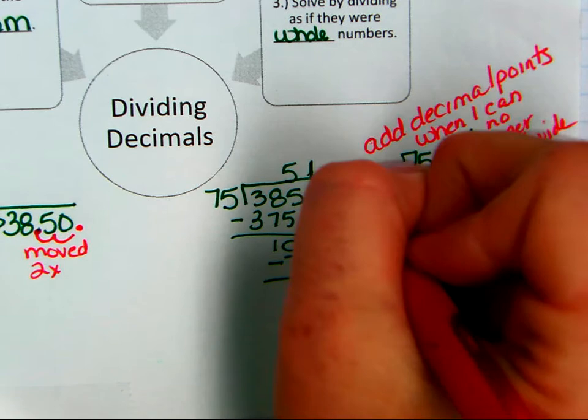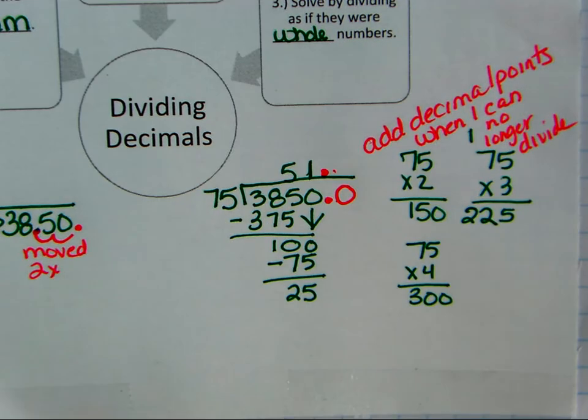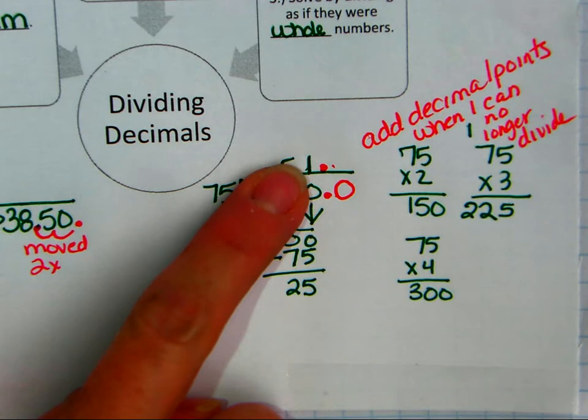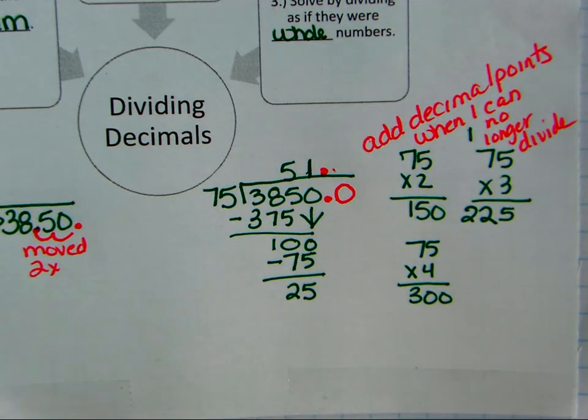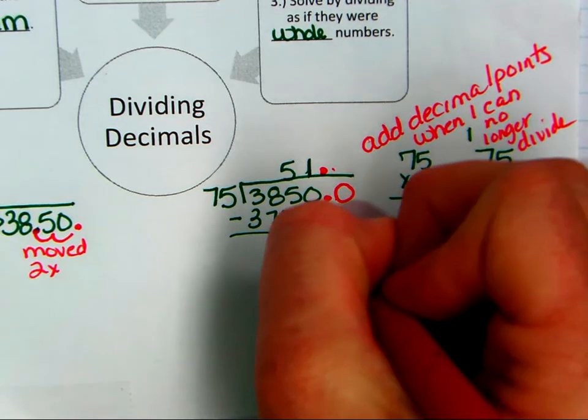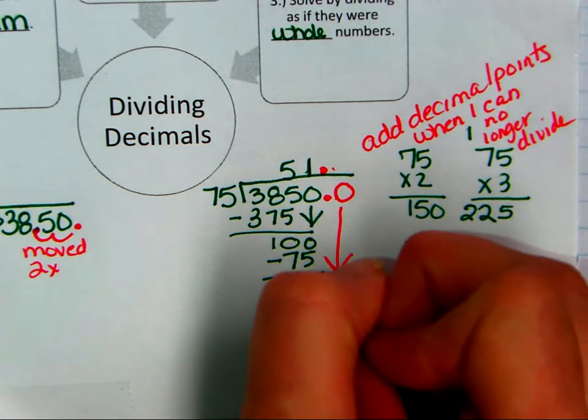And then I'm going to add a 0 in my dividend. So I did a decimal in my quotient, a decimal in my dividend, I added a 0, and I'm going to drop that 0 down.